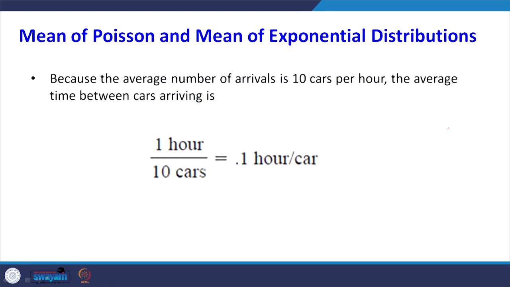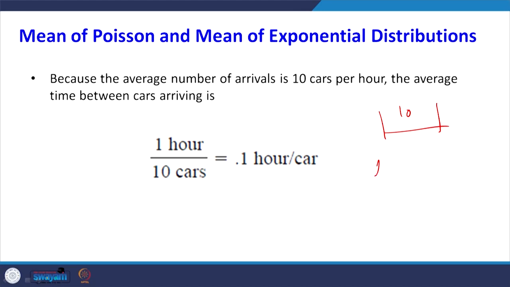So, the mean of a Poisson and the mean of an exponential distribution, what is the relationship? Because the average number of arrivals is 10 cars per hour, so if it is 10 in that interval, there are 10 cars arriving. So, this mean is taken for the Poisson distribution, but 1 by 10 is taken as the mean for the exponential distribution, that means time between arrivals. So, that is the link between mu.